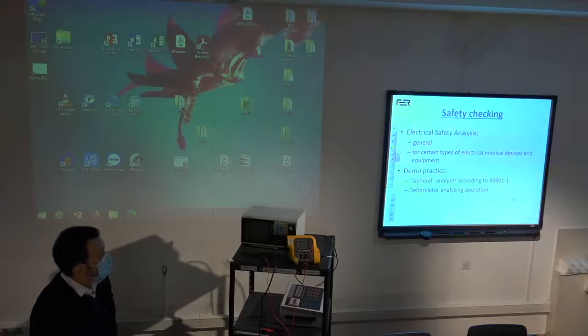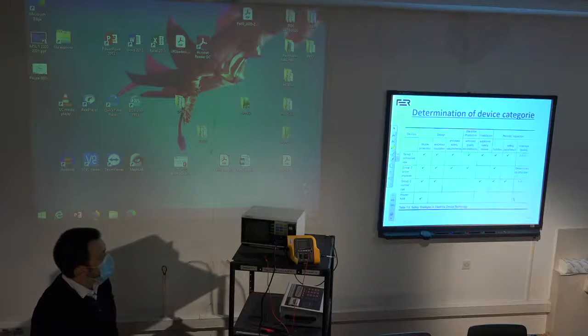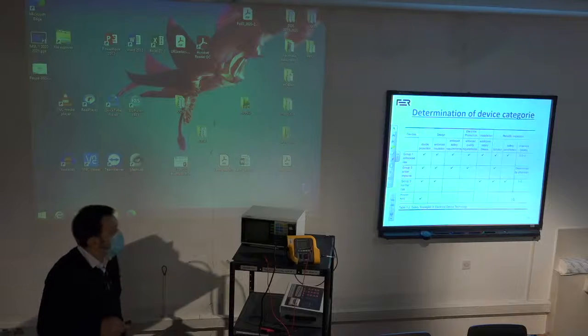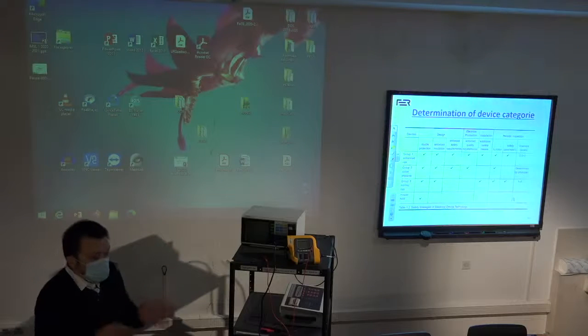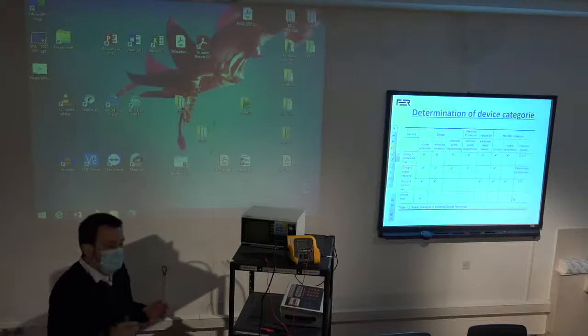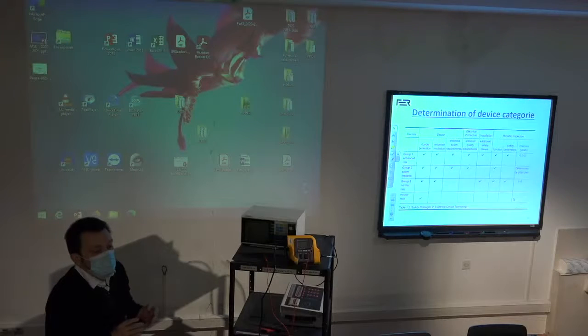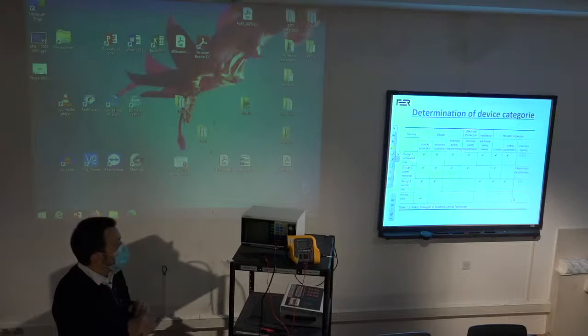And so this is actually what we are going to do, general analyzer and defibrillator analyzer. So the general standard is grouping the characteristics for 4 classes of instruments, and they are actually listed here.